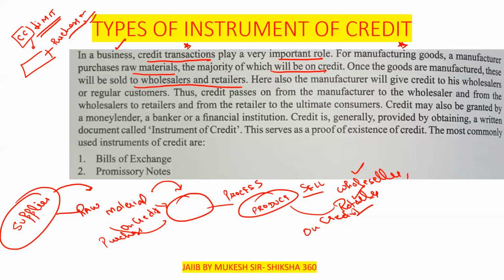Here also the manufacturer will give credit to his wholesalers or regular customers. Thus credit passes on from the manufacturer to the wholesaler, from the wholesaler to the retailers, and from the retailers to the ultimate customers.